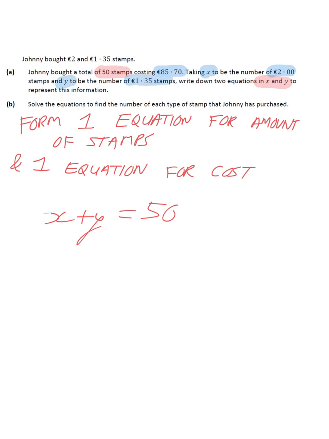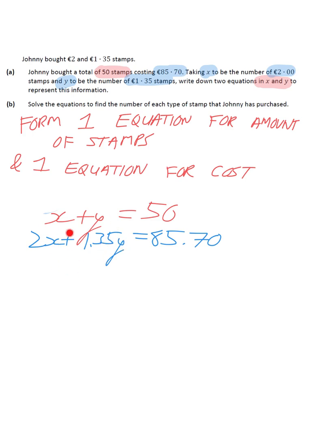So that will be 2x for the €2, plus then 135 times y equals 85.70. So remember, x is the amount of €2 ones, so the amount times the cost. Same how y is the amount of 135 ones, so the amount times the cost.